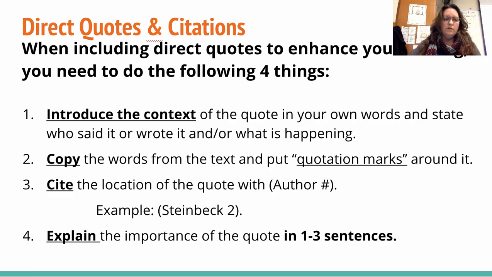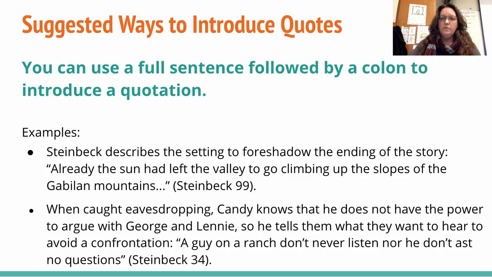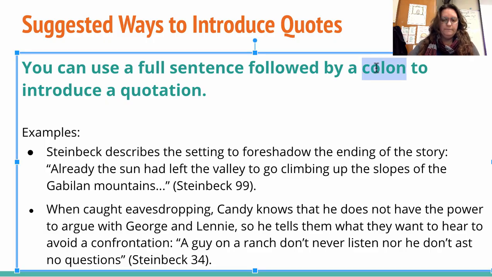So the first one I want to show you uses a real simple punctuation mark. It uses a colon. And colons are great. Real simple way of doing this. So in our first example, Steinbeck describes the setting to foreshadow the ending of the story: "Already the sun had left the valley to go climbing up to the slopes of the Gavilan Mountains..." This dot dot dot is called an ellipsis, and it lets us know that the sentence is continuing, that there is more, but we only quoted what we needed.